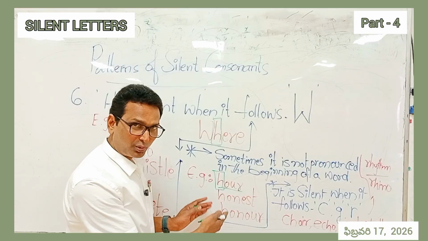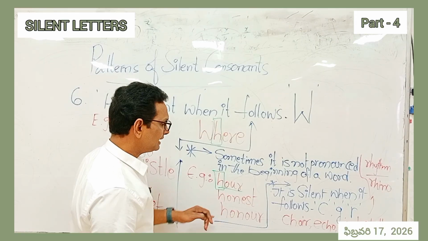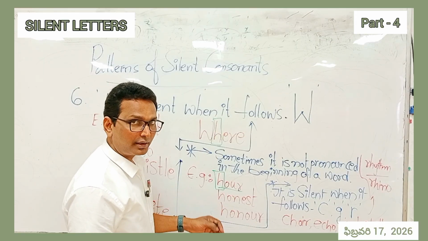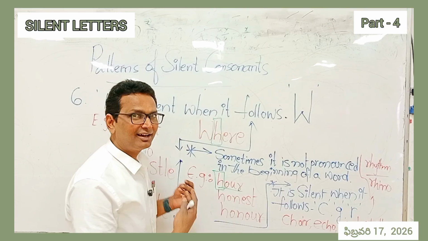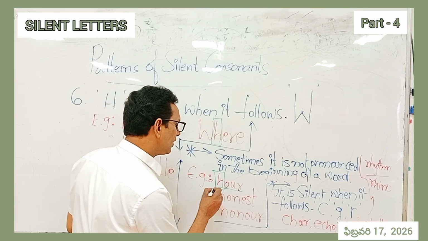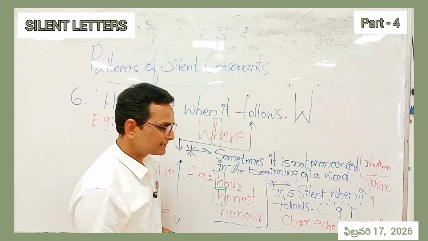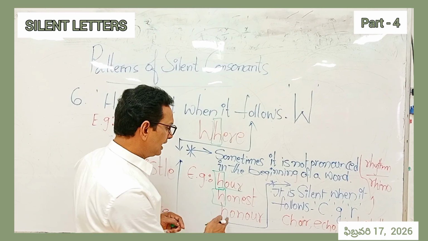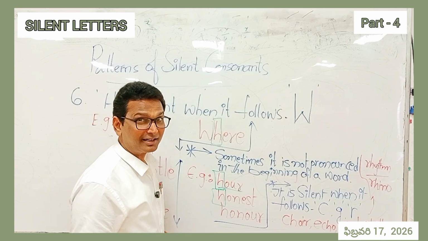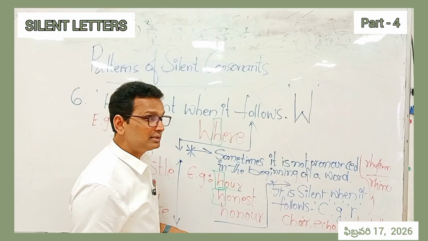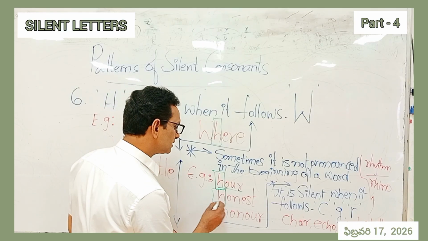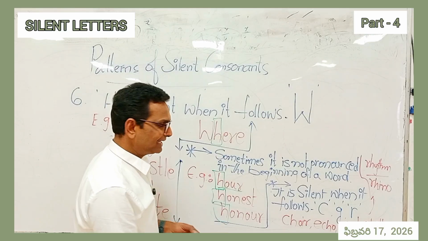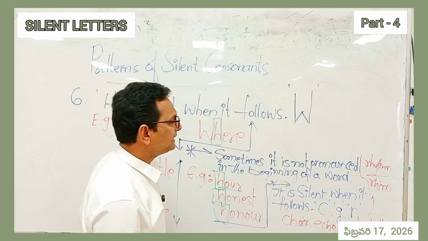And if you look at this word, HONEST, people take pressure to pronounce the H, but it's just "honest" with a silent H. And HONOUR, it's not pronounced with the H, but it's very common to say it that way.